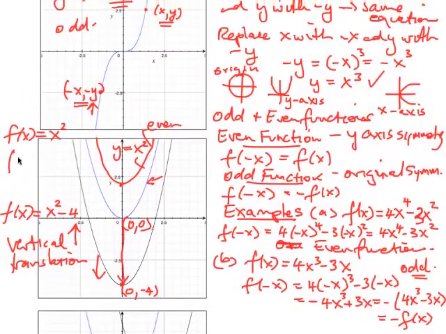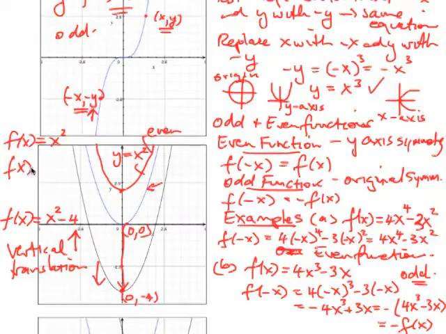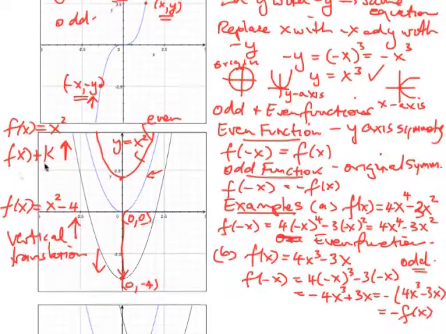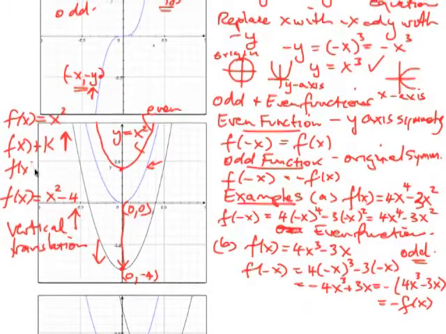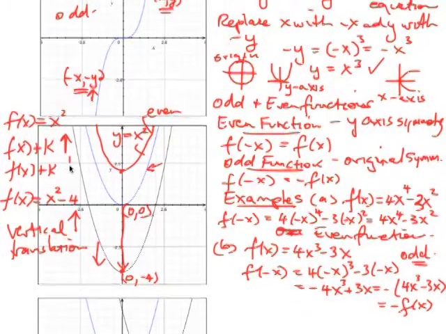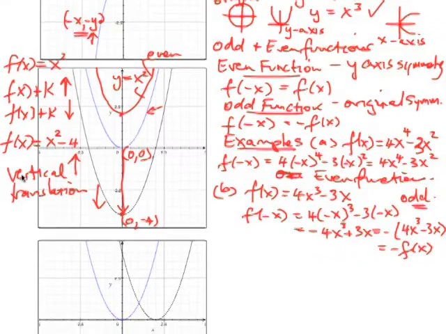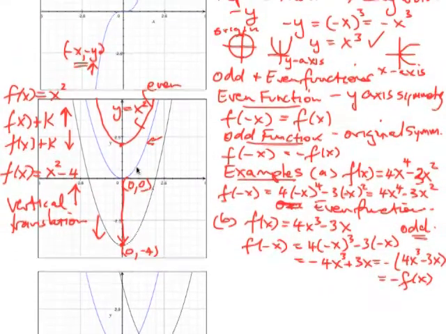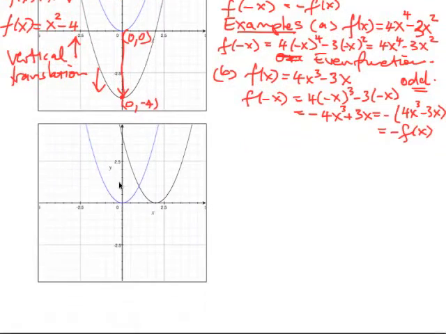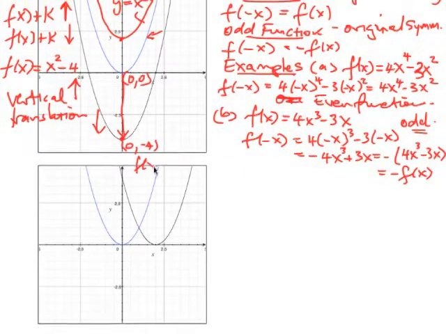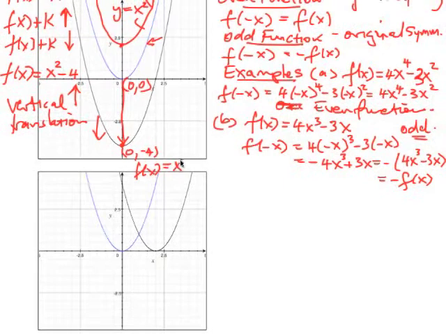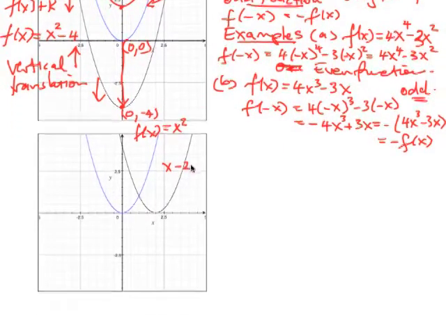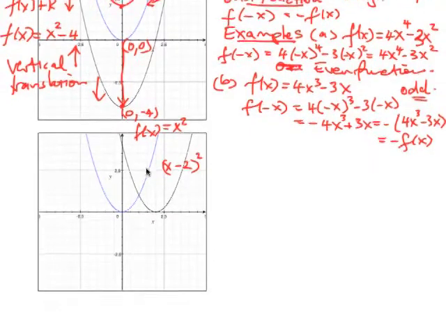So when I have f of x plus k, and k is positive, it goes up. If I have f of x plus k and k is negative, it goes down. So this is just translations up and down the axis. When we come to this one, again we have f of x equals x squared. But now this one here is actually x minus 2 squared.